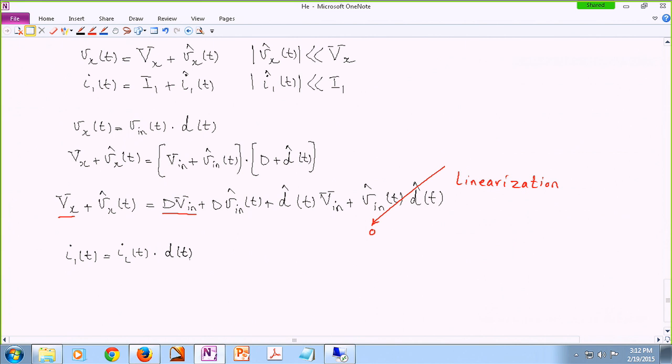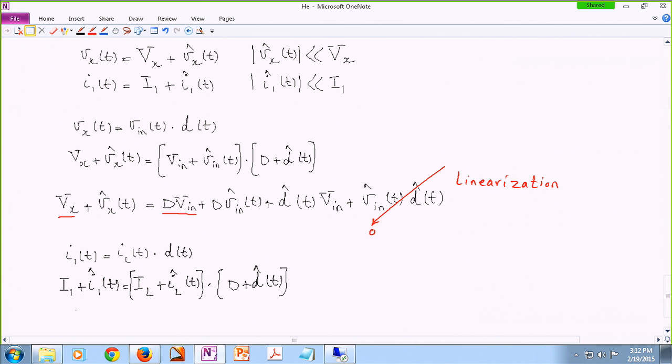All right. So now again, I'm replacing I1 with its DC component plus a small signal ripple, times IL, same thing for the duty cycle.